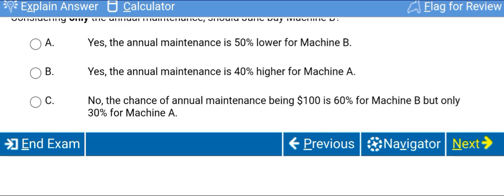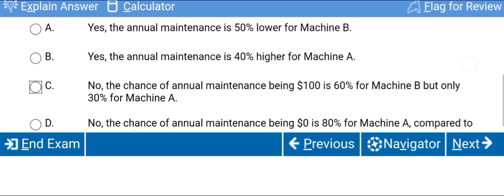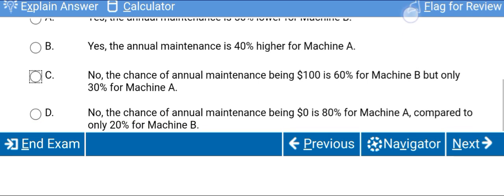The annual maintenance is 40% higher for machine A. Option C, no. The chance of annual maintenance being $100 is 60% for machine B, but only 30% for machine A. Option D, no. The chance of annual maintenance being $0 is 80% for machine A, compared to only 20% for machine B.